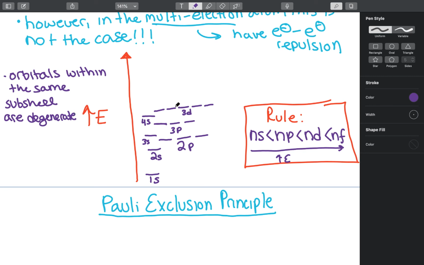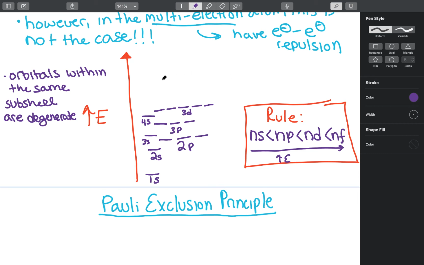So once again, all 3d orbitals are equal in energy to each other. All 3p orbitals are equal in energy to each other. All 2p orbitals are equal in energy to each other.